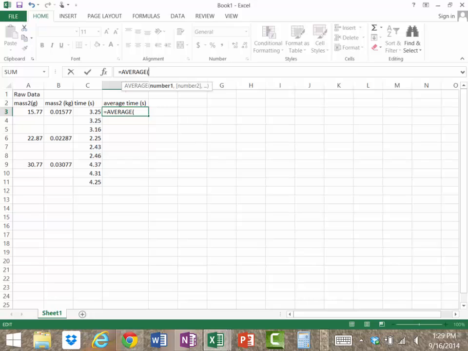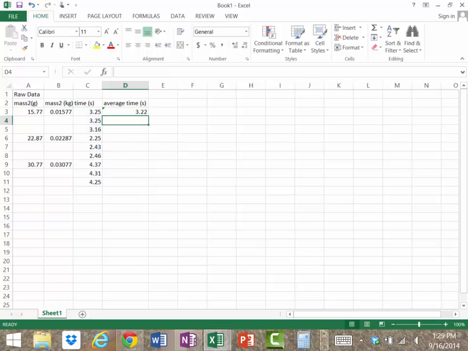If it's going to do a function that knows how to take an average, then it's always going to be in big caps. If you're not sure which one, you can always go to help or just type it in, and usually you'll get closer. They'll help you. Open parenthesis, and then you're just going to highlight those three cells. Those are the three cells that I want to take the average of, please. Close parenthesis, enter. Done.